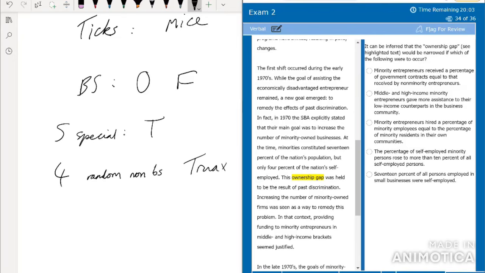Well, the ownership gap was about the lack of minority owners, so about ownership, so it's not about employees. Okay, well, that's D.